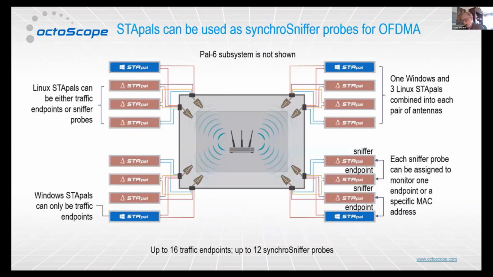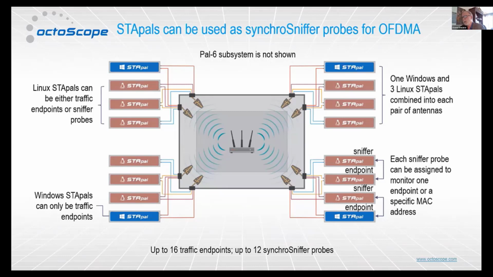Now, to extract information in OFDMA, you need to assign a sniffer per AID, and this is where the palBox really springs into its own, because you can assign one of these stapals as a sniffer to monitor a particular endpoint.